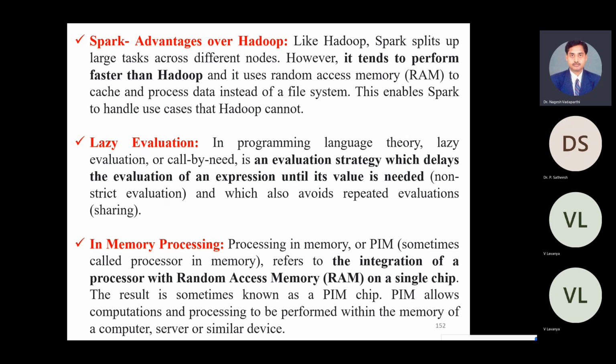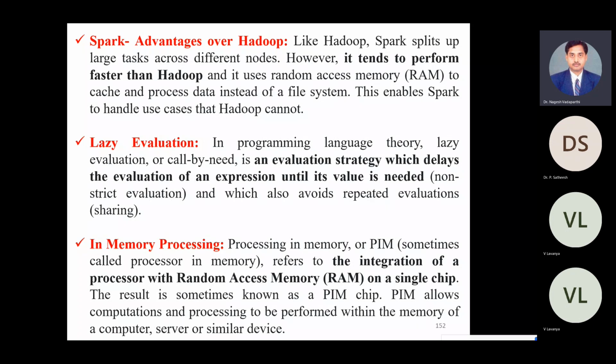However, Spark tends to perform faster than Hadoop, and it uses random access memory, that is in-memory computation, to cache and process data instead of a file system. There is no file system concept in Spark because the entire file will be stored in RAM. Whenever we load that file, the first time it takes from the hard disk and the remaining times it loads from in-memory computation, that means random access memory.